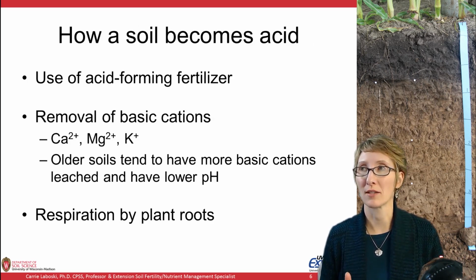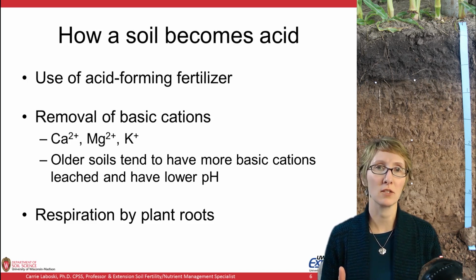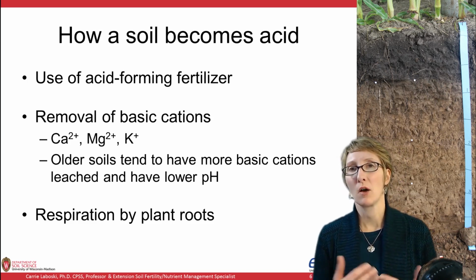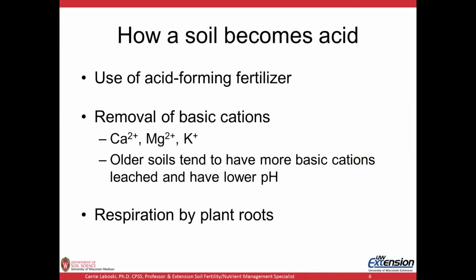How does the soil become acid? Well, there are several ways. Use of acid-forming fertilizers, many of our nitrogen fertilizer materials, will acidify the soil. Also, removal of base cations, so calcium, magnesium, potassium, when they are used by the plants or leached out of the system, leaves more room on the soil cation exchange to hold hydrogen ions.